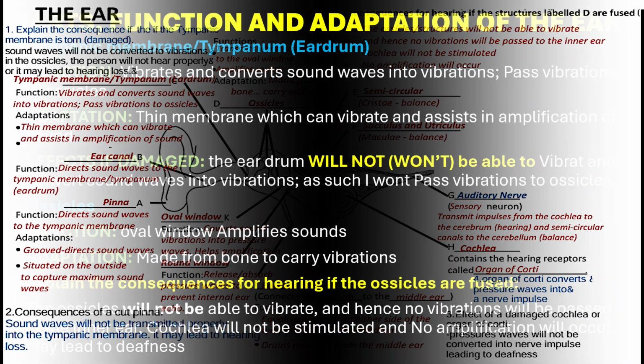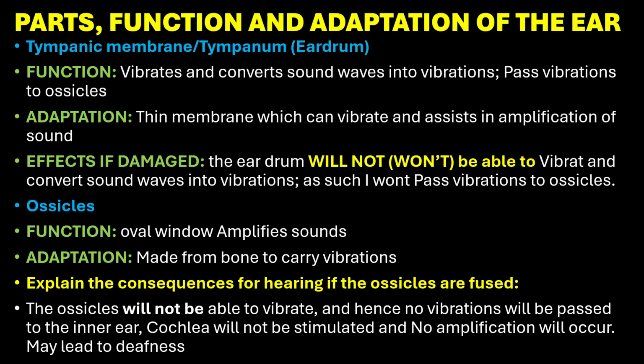So we have already gone through the entire concept. We have looked at the parts, functions, and adaptations of the ear. So that is the sequence or the learning pattern. You must always know the parts. You must also always know the functions. You must know the adaptations.